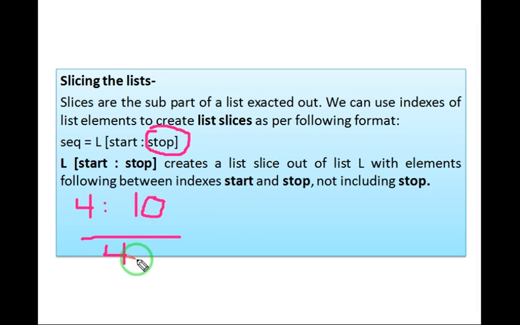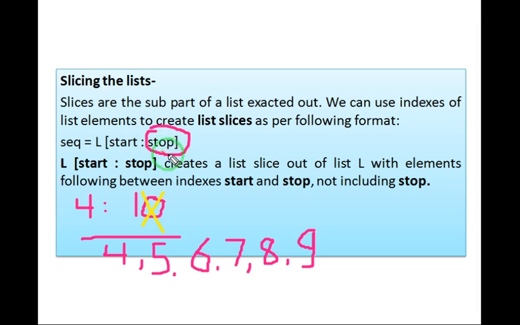That means it will display the values present at index numbers 4, 5, 6, 7, 8 and 9. It will not display the value at index number 10. So when you write L, L is the name of the list from which I want to extract values, start is the index number of the starting value and stop is the index number of the stop value.